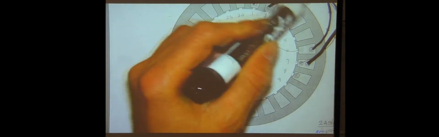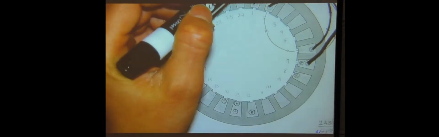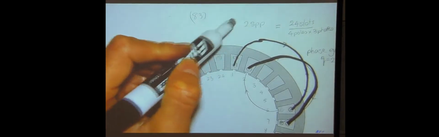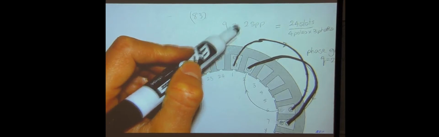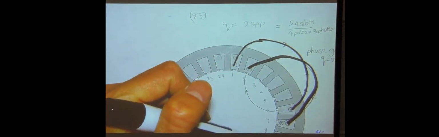There's 4 poles here, so we have to have 4 phase groups. This set of 2 coils here is called a phase group. Another name for what we've been calling 2 slots per pole per phase is a phase group of 2.